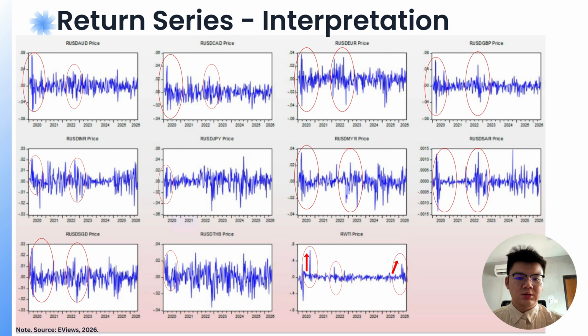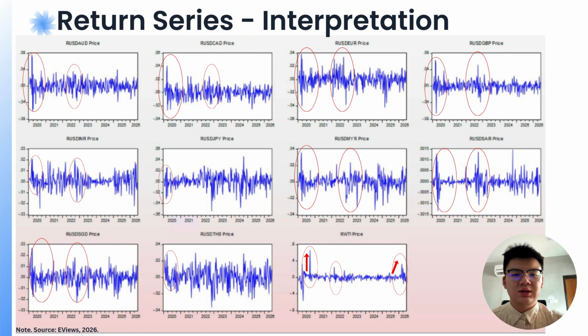The spike in 2020 to 2021 was mainly due to COVID-19. And then for the return in WTI, the earlier spike, as I drew an arrow there, was also due to the COVID-19 era, and the other arrow down after the first arrow is also due to the US-Iran war.